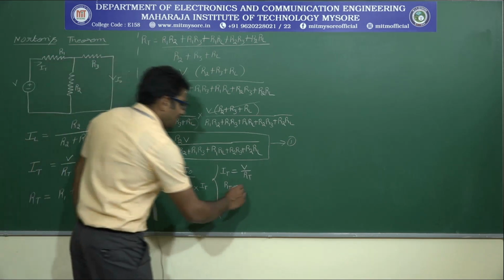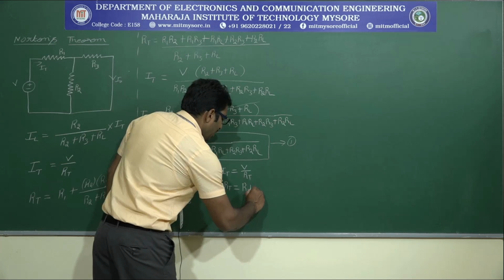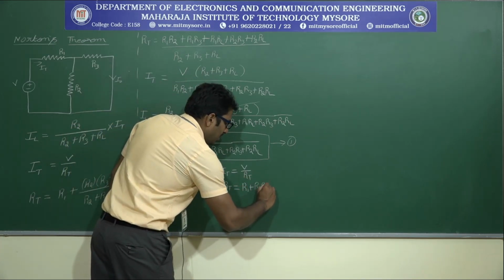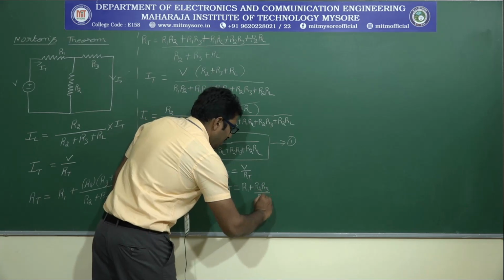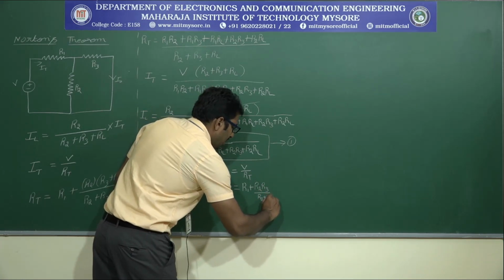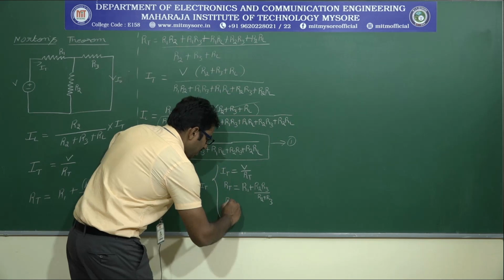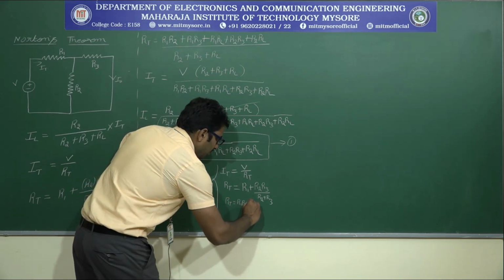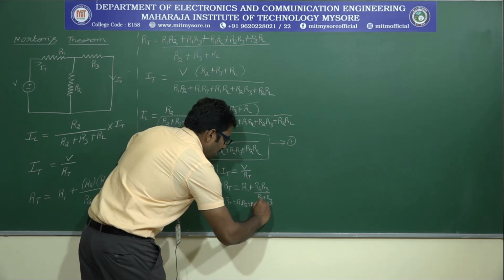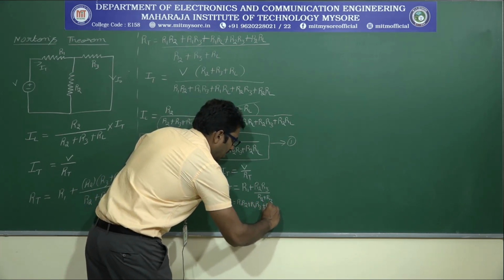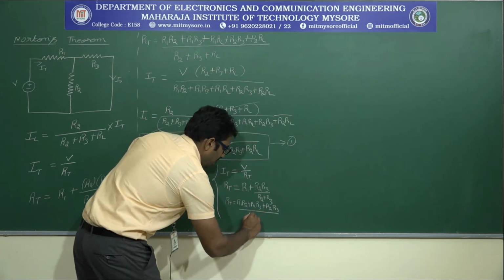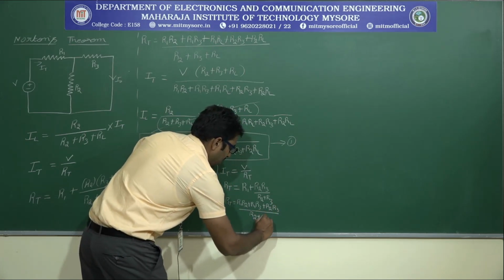So how can we write this? R1 plus R2 into R3 divided by R2 plus R3. Next step, RT is equal to R1 R2 plus R1 R3 plus R2 R3 whole divided by R2 plus R3.